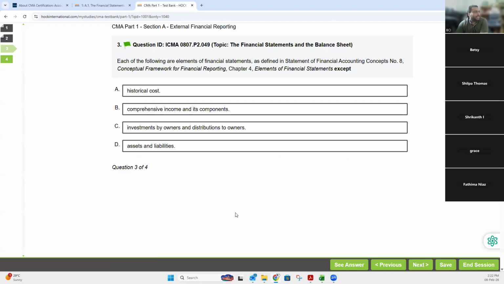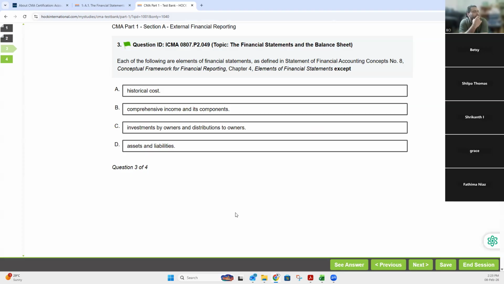Each of the following are elements of financial statements as defined in the Statement of Financial Accounting Concepts Number 8, the conceptual framework for financial reporting, except: operating income, investments by owners and distributions to owners, historical cost.